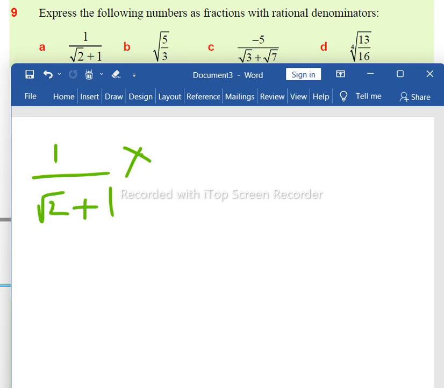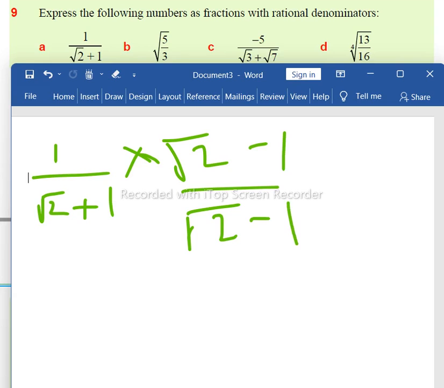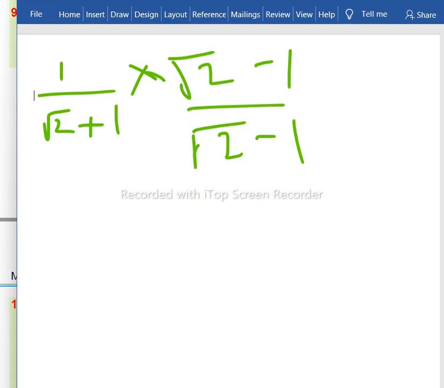We multiply by the square root of 2 minus 1 over the square root of 2 minus 1 to rationalize the denominator. Here we have 1 times this. Any number multiplied by 1 is itself.